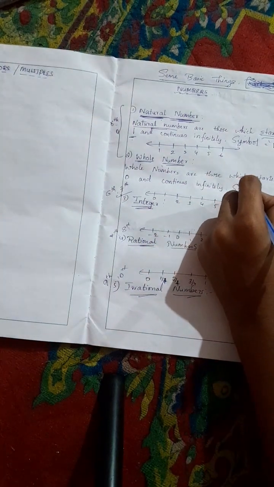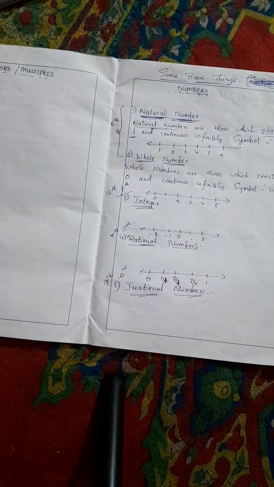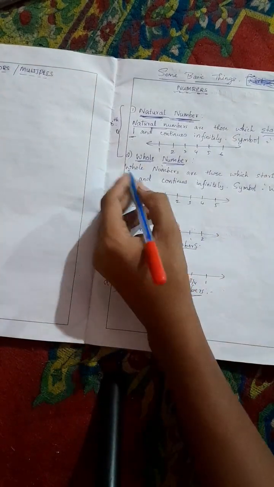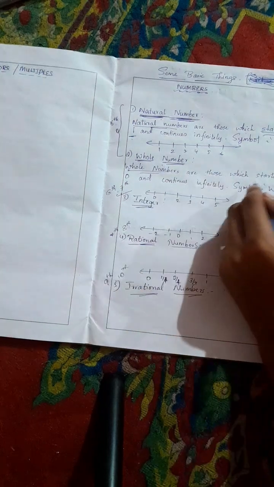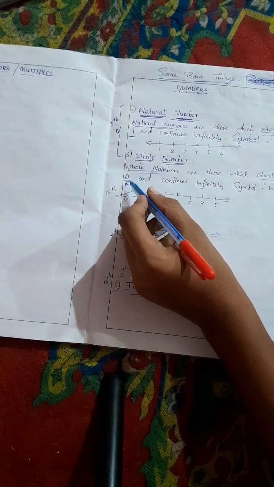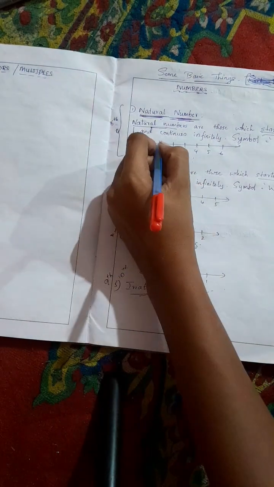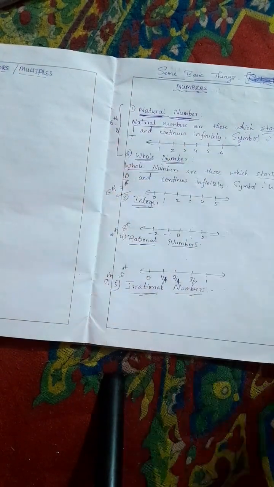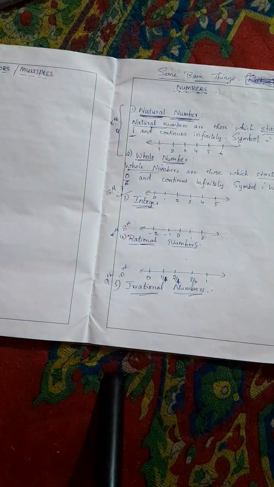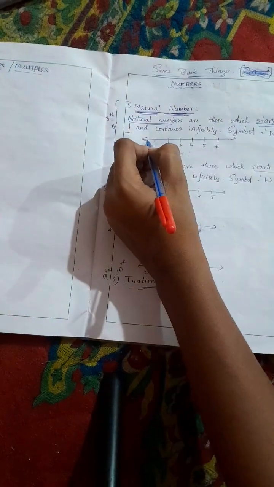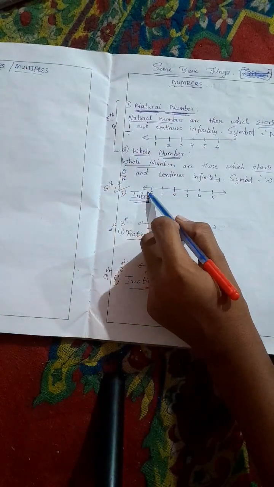Symbol W. Whole numbers are those which start from 0. Here, an extra 0 is added. In natural numbers, the numbers start from 1. There is no 0. But here 0 is added.